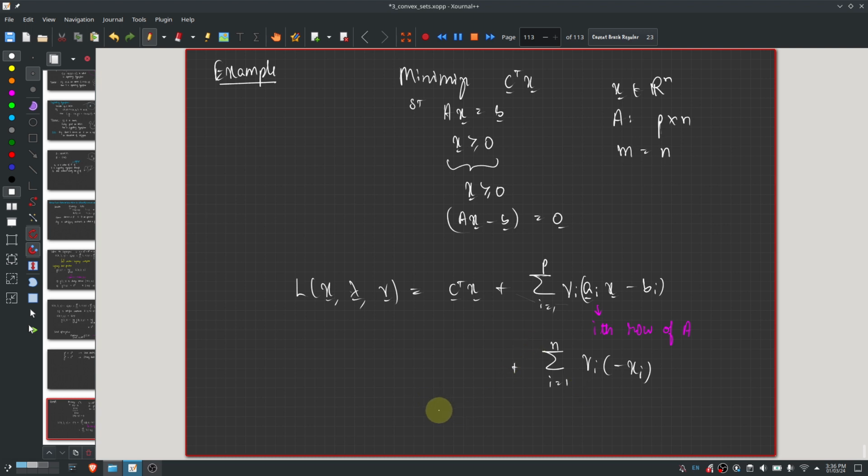But I can write this more compactly as c transpose x plus vector nu transpose (Ax minus b) minus lambda transpose x.